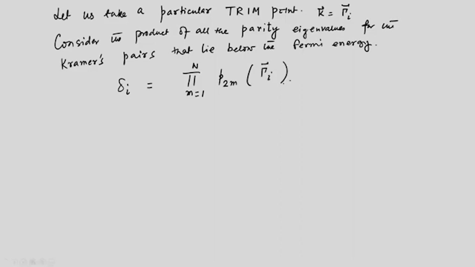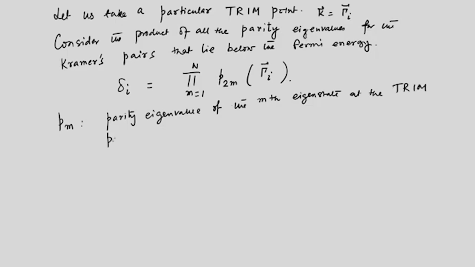So we define this quantity, and what is this p 2m or p m? p m denotes the parity eigenvalue of the mth eigenstate at the TRIM point k equal to gamma i.